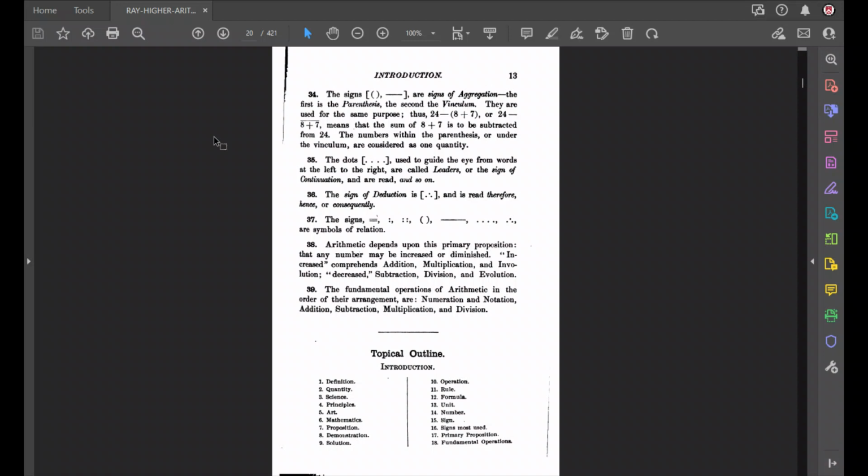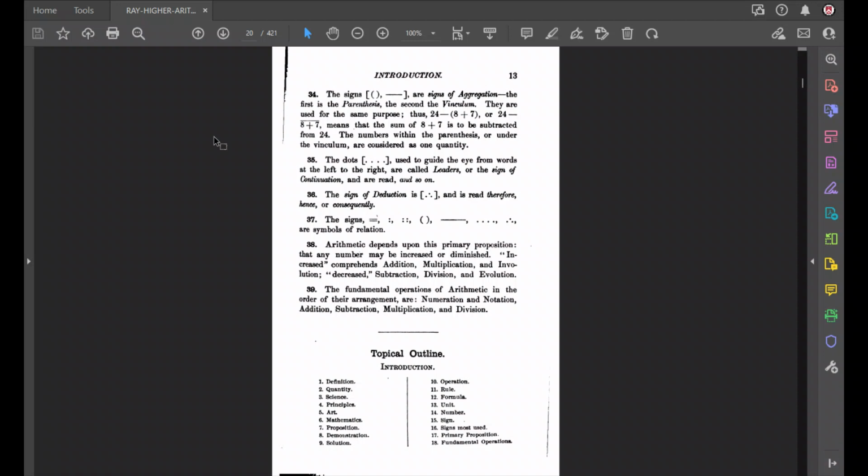What this shows us is that these two quantities are to be taken together. 24 minus, in parentheses, 8 plus 7 equals blank. What we should do, if we see that, is find this sum first, because it's set in parentheses.